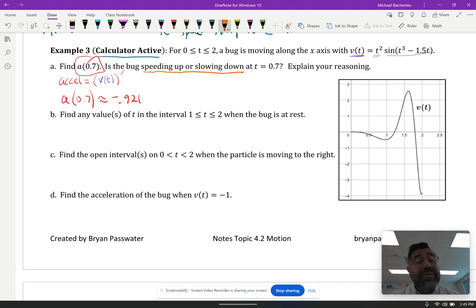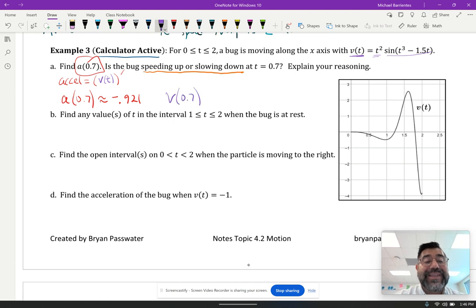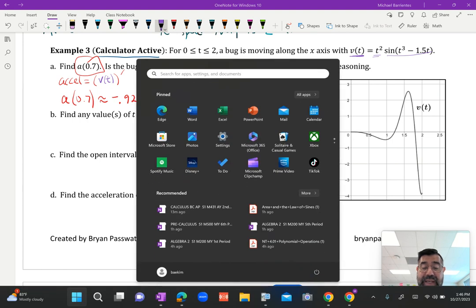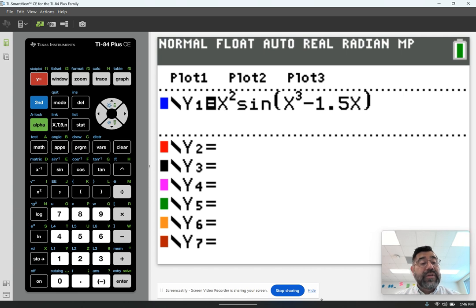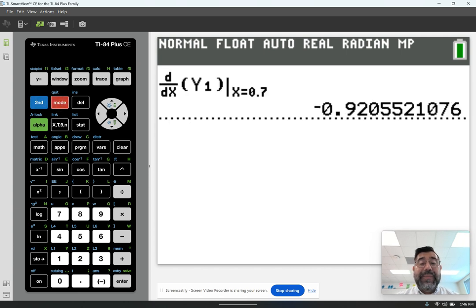So in order to figure out what's going on, I need to know what is the velocity doing at 0.7 seconds or minutes or whatever this is. V of 0.7. Now I need to find this. So I go back to my calculator, and remember we saved the formula in y1. So I go back to my home screen. I'm not going to look for the derivative. I'm just looking for the output, the y value, the function value, the velocity value at 0.7.